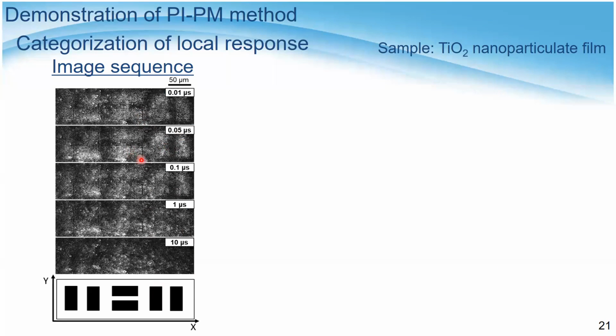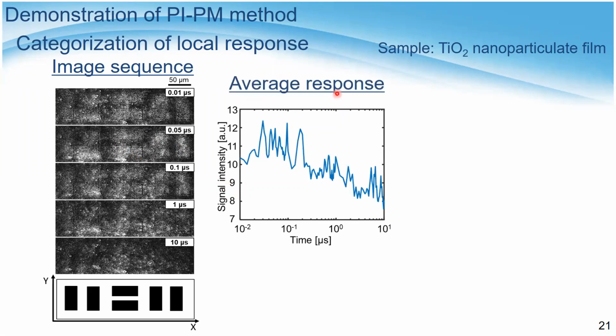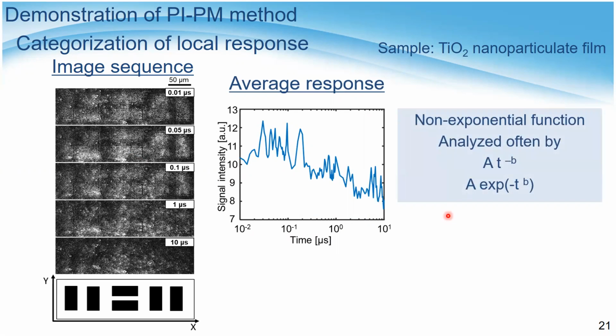By calculating and analyzing the contrast of the image, we can obtain the average response. As you can see, this response on the logarithmic time scale is obviously not like an exponential decay. People often analyze this with different types of functions, such as different powers of time or the stretched exponential function.